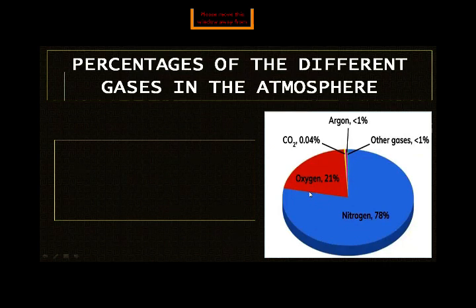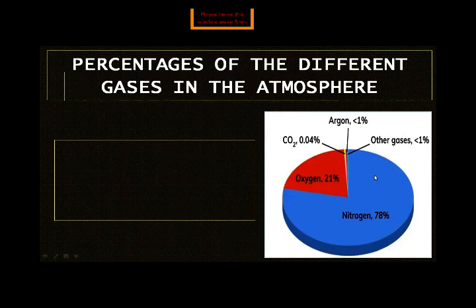A colorless gas with no smell called nitrogen forms more than three-fourths, about 78% of air. About one-fifth, 21%, is the gas oxygen, and other gases such as argon, carbon dioxide, and other forms are the remaining small portion, 1%.